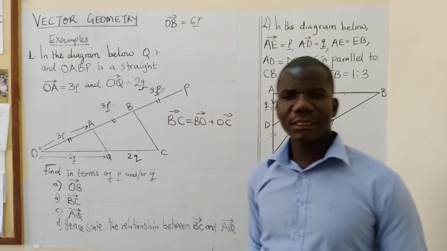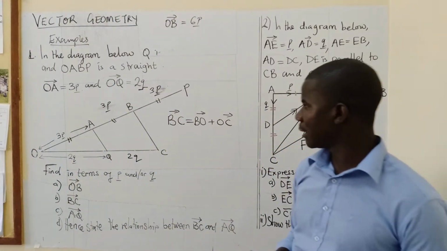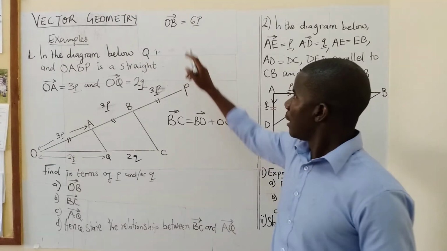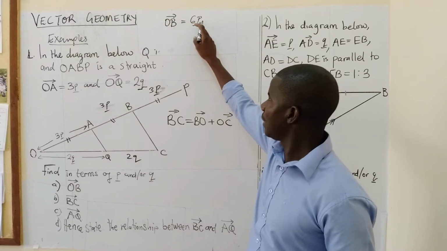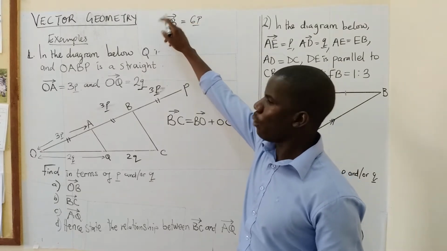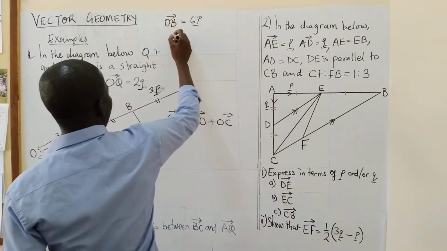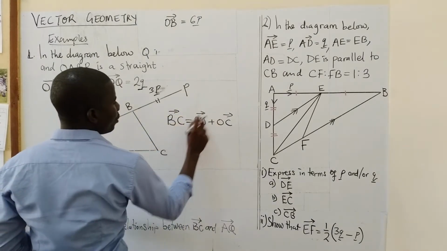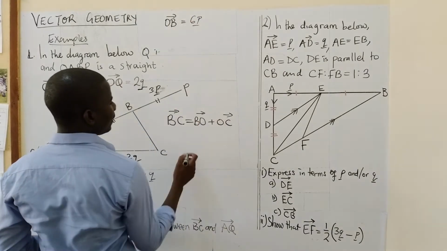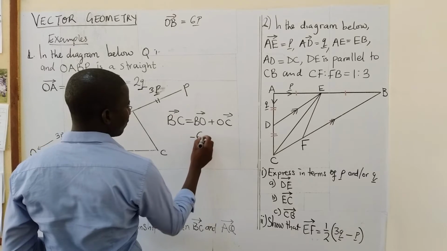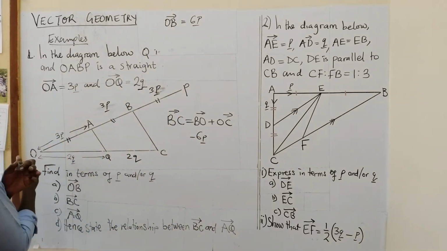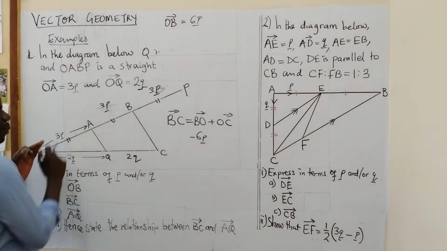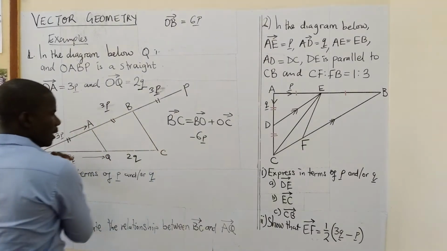I'm sure you have been following these lessons, that if our OB is 6P, then when we have the opposite, which is BO, we put a negative here. So our BO is negative 6P, because we are moving in the opposite direction.